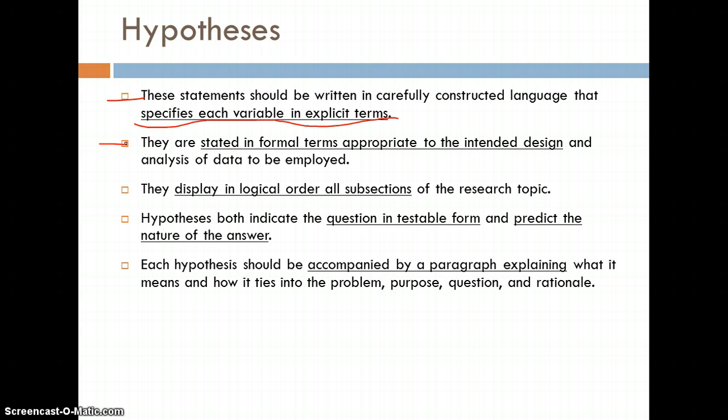Or if you're looking at gender performance in science, you could say that 8th grade girls perform higher on science assessments than boys in Saudi Arabia. Right? That, my friends, is a t-test, because you are looking at the difference in means on a particular variable between two groups.